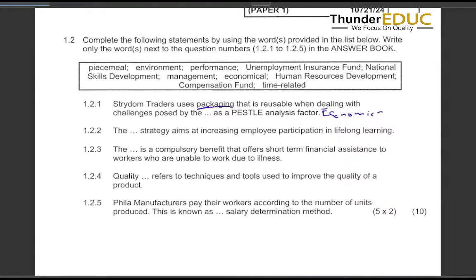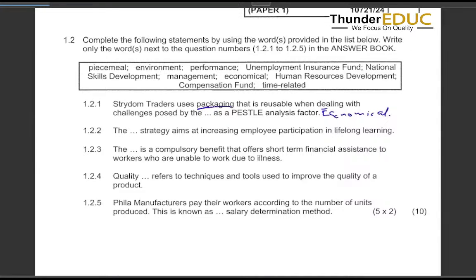One can actually mistake this for environmental, because this can be closer to environmental. But let's check. This is a trader, and a trader is packaging the products that he is going to sell. So in that regard, it means that money is involved.